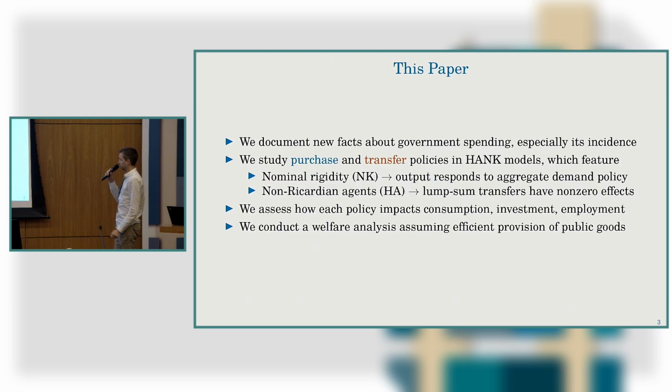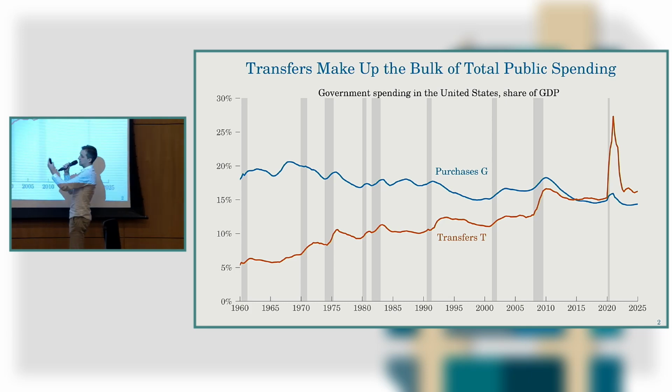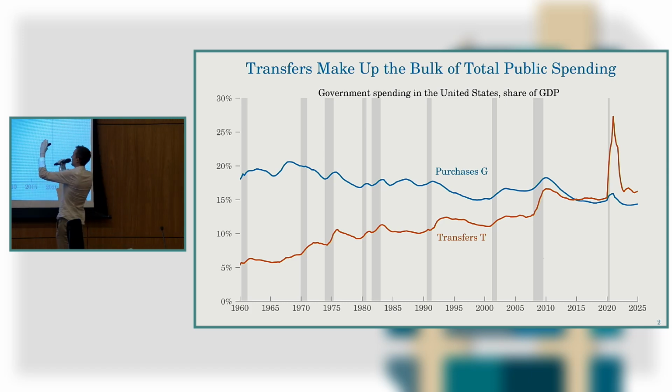So what we do in this paper, we document some, I believe, novel facts about government spending. In particular, we look at the incidence. For transfers, it's easy to see who benefits: you just look at who receives them, and it's well documented. But what we do is we look at what's the incidence of purchases.